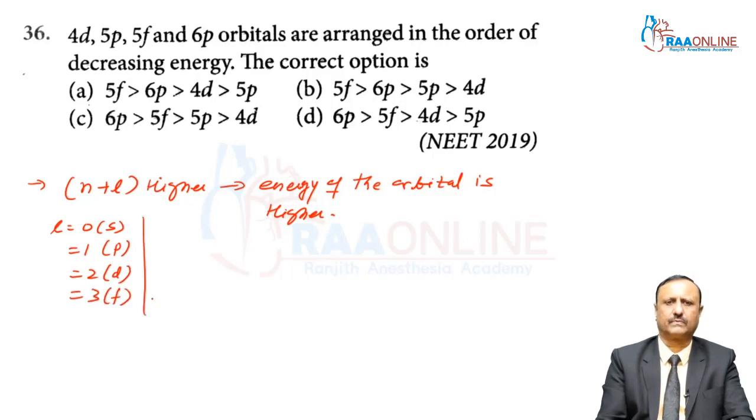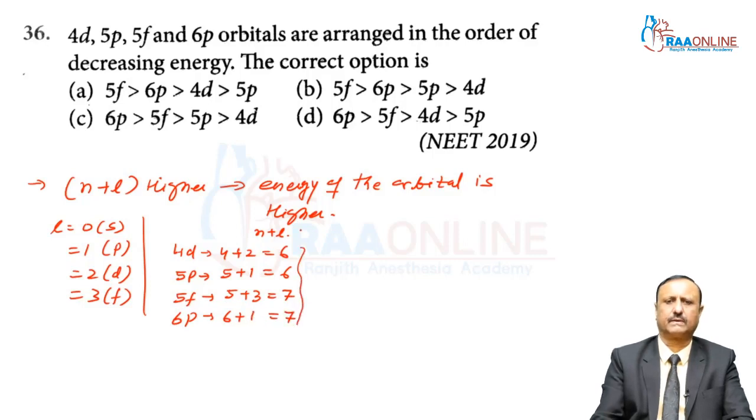So for 4d, n plus l equals 4 plus 2, you get 6. Here 5p, 5 plus 1, you get 6. Here 5f, 5 plus 3, you get 7. 6p, 6 plus 1, you get 7.